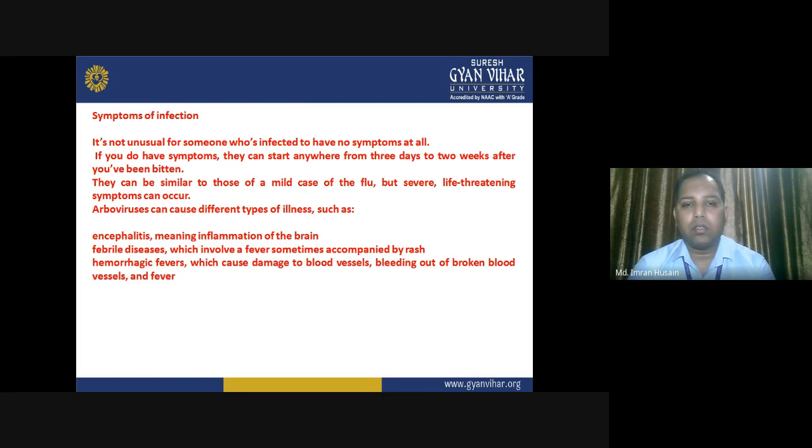Arbovirus can cause different types of illness, such as encephalitis, meaning inflammation of the brain; febrile disease, which involves a fever sometimes accompanied by rash; and hemorrhagic fever, which causes damage to blood vessels, bleeding out of broken blood vessels, and fever.